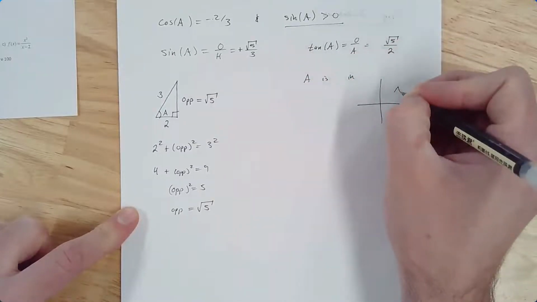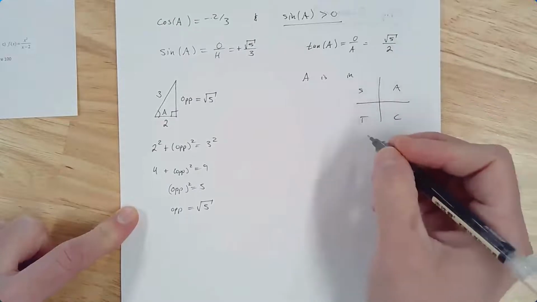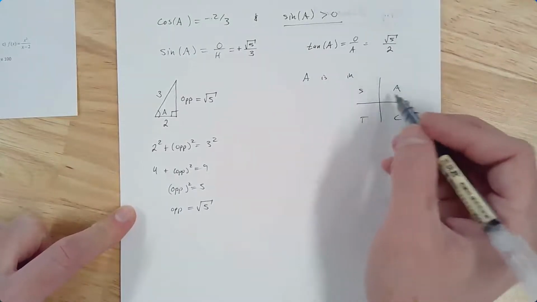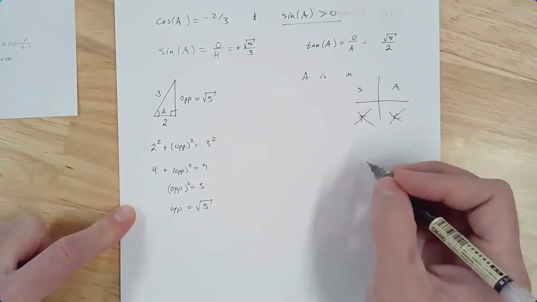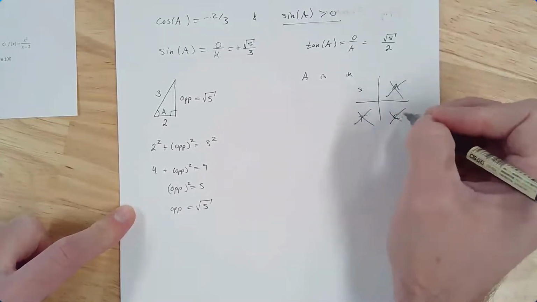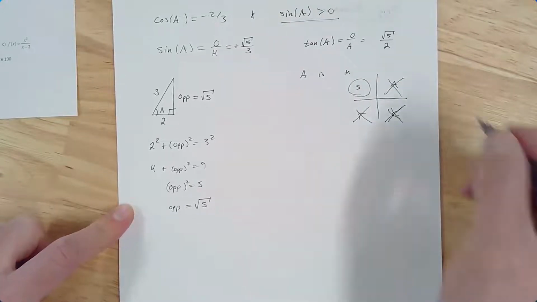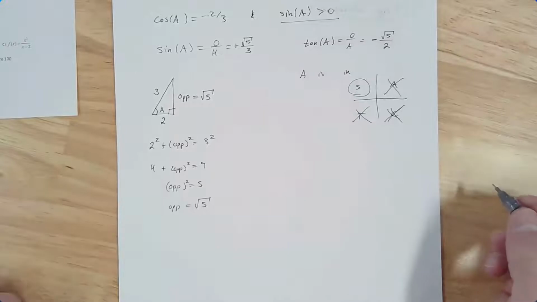If sine is positive, we are not here. And if cosine is negative, we're not here. So we have to be in quadrant 2. And in quadrant 2, tangent is negative. So that would be a negative square root of 5 over 2.